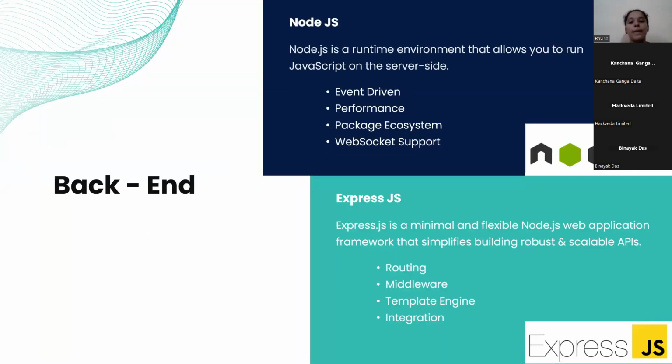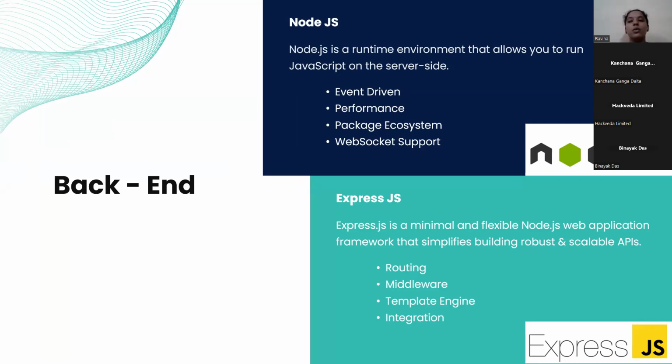While talking about the backend, we are using Node.js and Express.js. Node.js is a server-side scripting environment which gives the runtime that makes JavaScript run in any environment, whereas Express.js is the framework that makes the Node.js web application flexible. Node.js is event-driven. That is, it relies on an event loop.